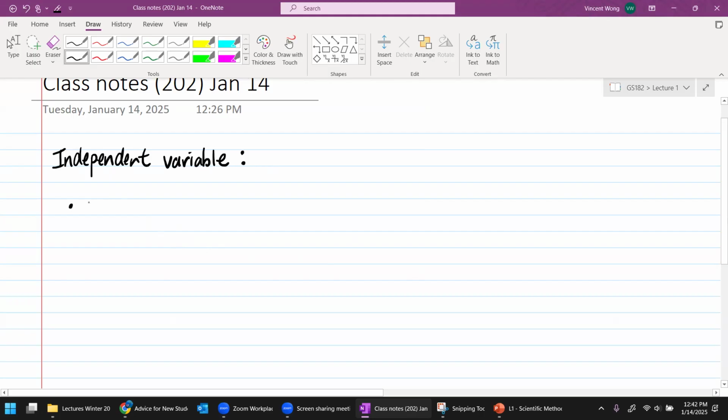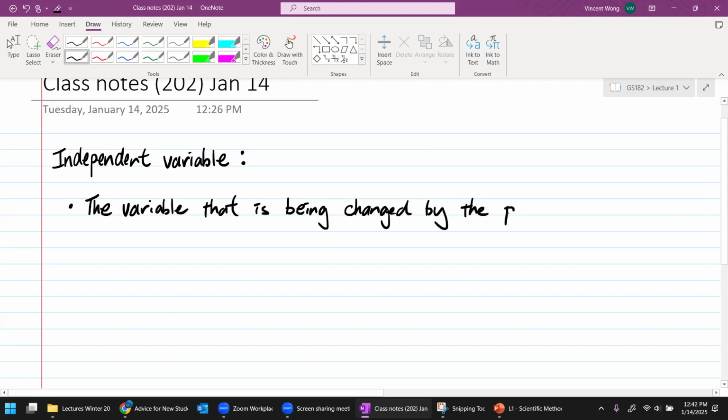So independent variable is the variable that is being changed by the person doing the experiment.